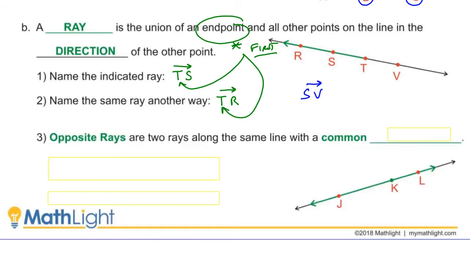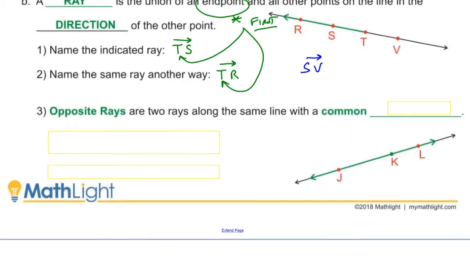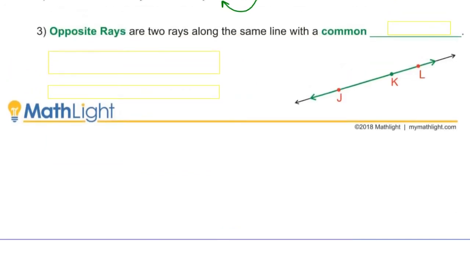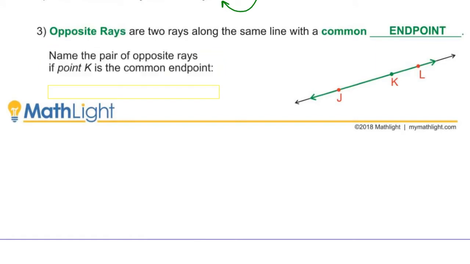Number three, opposite rays. Let's talk about opposite rays. Opposite rays are two rays along the same line with a common endpoint. So name the pair of opposite rays if point K is the common endpoint.